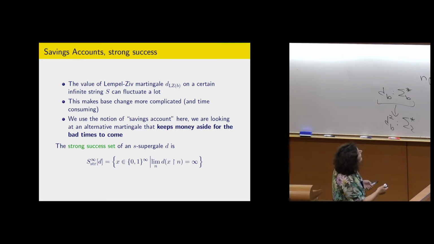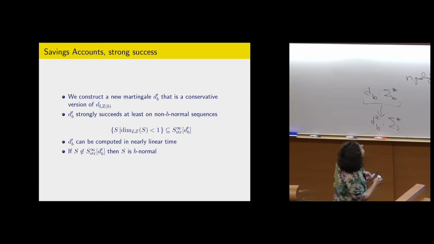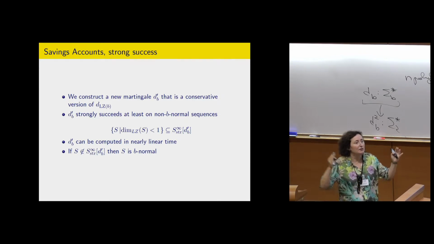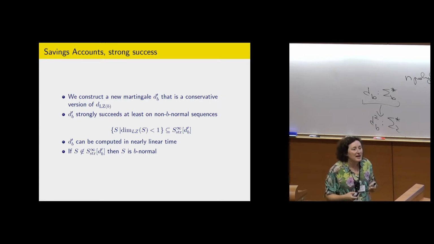Okay, and this is possible, but because we are dealing with the Lempel-Ziv martingale and the Lempel-Ziv algorithm, we'd have to get a bit more into it, which I won't do today. But if you have some memory of the Lempel-Ziv algorithm, it relates to how you parse your input into phrases. So doing things more conservatively means being able to do the same parsing, but not betting all your money when things don't go very well.